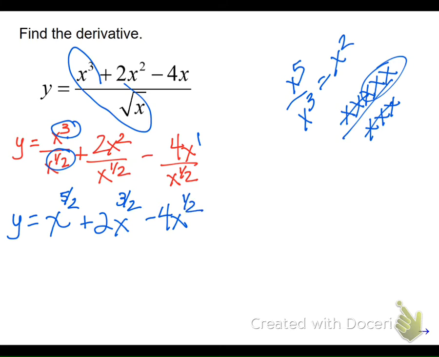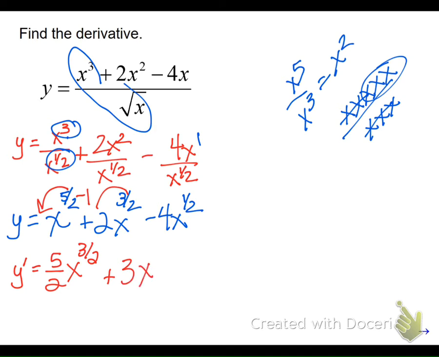Now, just don't forget, focus on your notation. We still haven't done a derivative. We didn't do any calculus. So now I'm going to actually do the derivative using the power rule. So multiply and subtract 1. You get 5/2 x to the, when you subtract 1, think of it as 2 over 2. This would be 3/2 times 2, which is just 3.